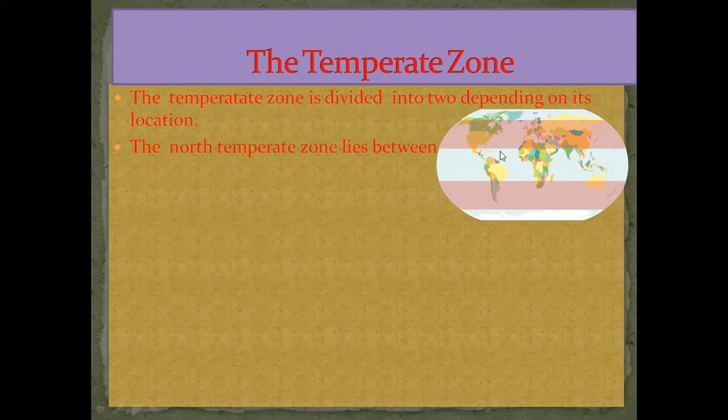Which are those? First one is the northern temperate zone. Can you see the picture, children? See, the pink colour part is the northern temperate zone. It lies between the Tropic of Cancer, 23.5 north, and the Arctic Circle, 66.5 north.